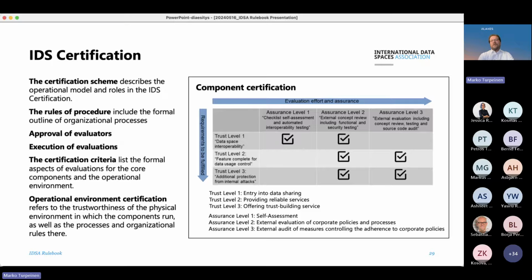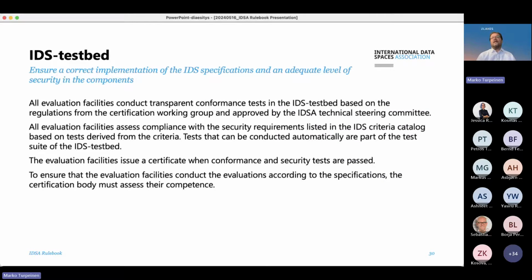Again, this work is progressing, with lots of good steps forward, and certifiers are already there, and different IDSA components are being used as certified components. All in all, this is more of a mention in the rulebook that this is a key process that IDSA provides for certifying the different technical implementations. And then there are the testbed activities that IDSA has.